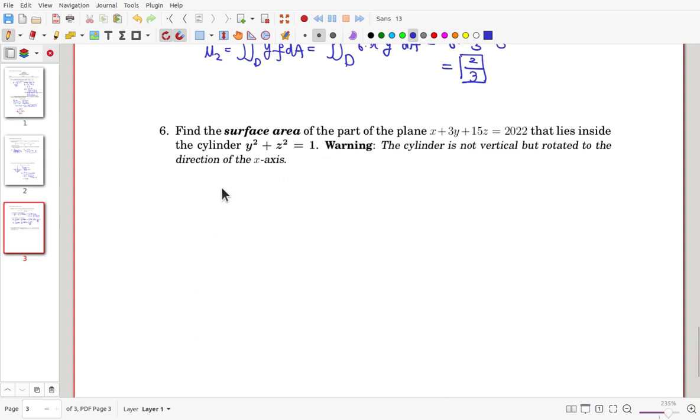Okay, let's try to visualize the surface. There's the x direction, the y direction, the z direction, and we have a cylinder in the x direction like that.